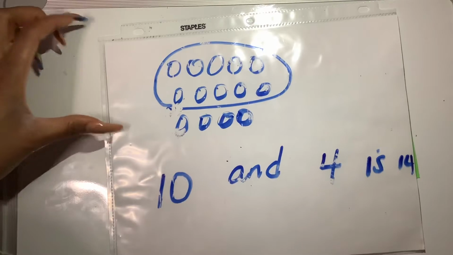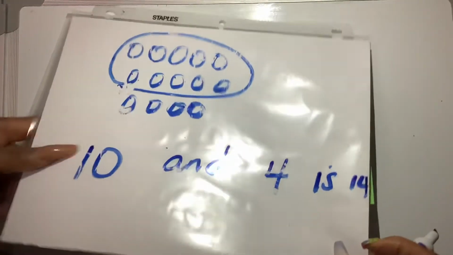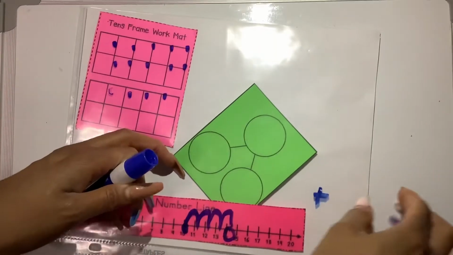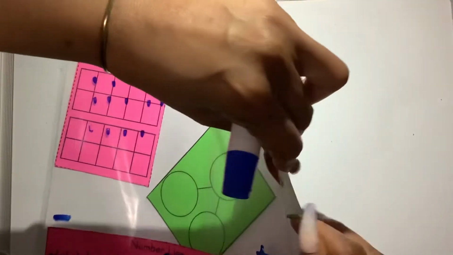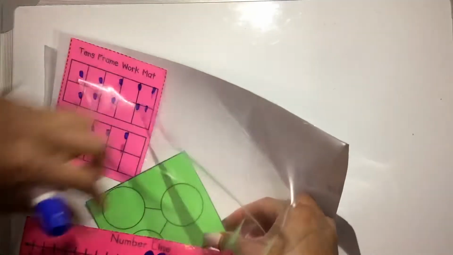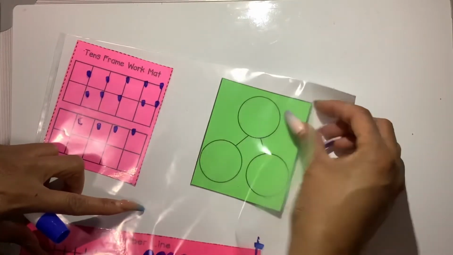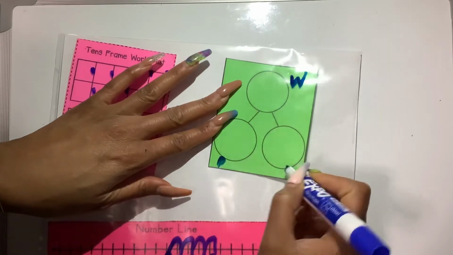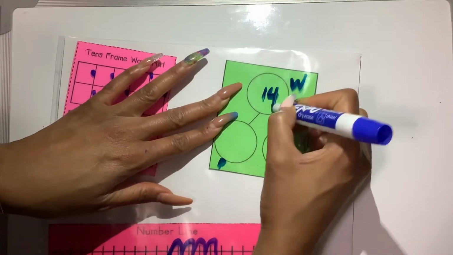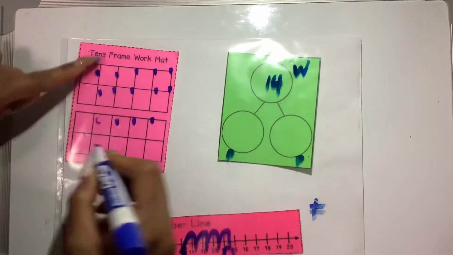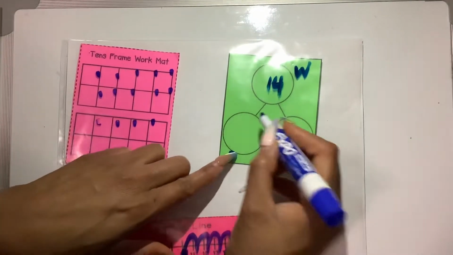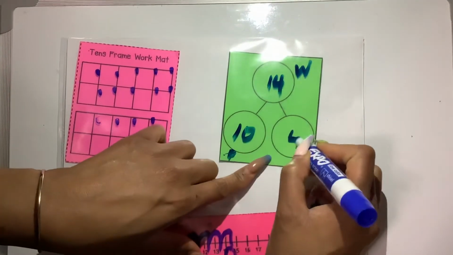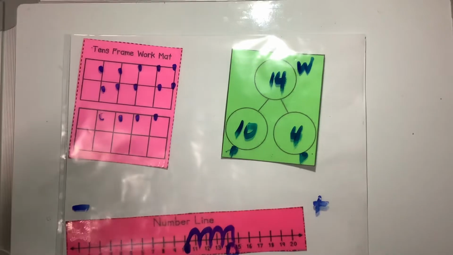As we see in the picture, 14 is the whole. So remember, you're going to put your whole in the circle that has the arms, which is this one. And you can label so you don't forget. So 14. We know that 14 is 10 ones, and you can see it on your 10 frame. And then 4 extra ones.